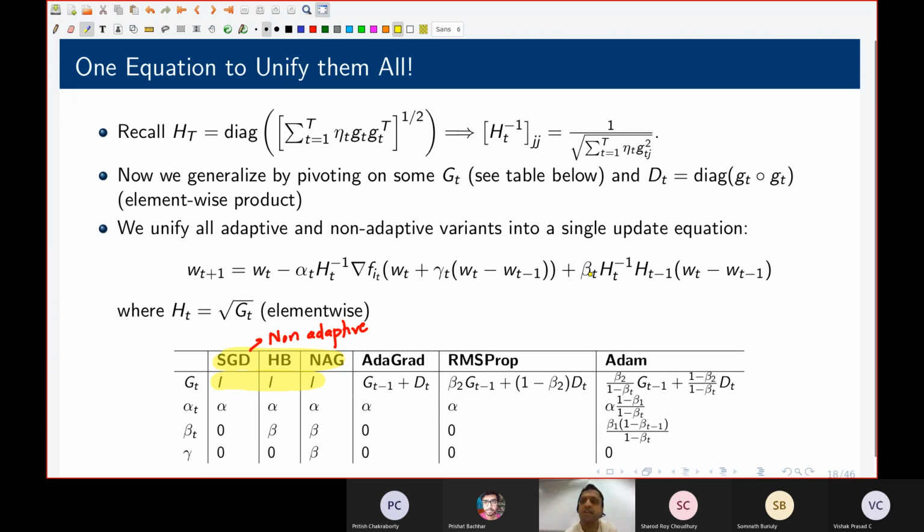But by now changing the form of G_t when it's non-identity, you are recovering three different algorithms: AdaGrad, RMSProp, and Adam. In AdaGrad, you're taking the previous G_{t-1} plus the current D_t, which, as I said, is just the diagonal of all the gradient component squares.